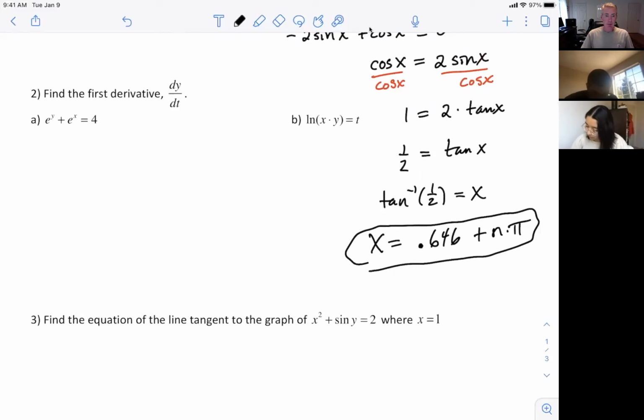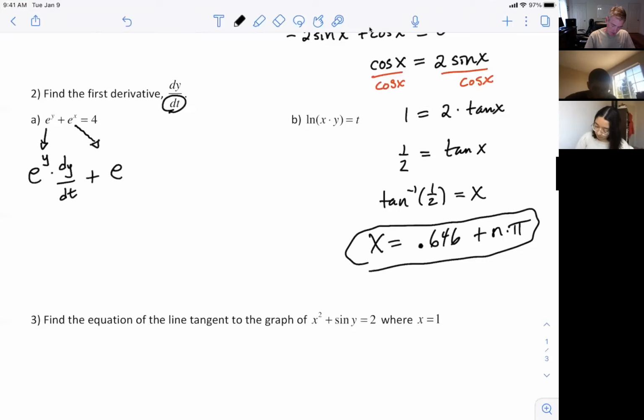And then on to number 2. So find the derivative, but notice it's with respect to t, as in time. So when you take the derivative of e to the y, that would be e to the y. But then you need to take the derivative of y with respect to t, plus, then take the derivative of e to the x.